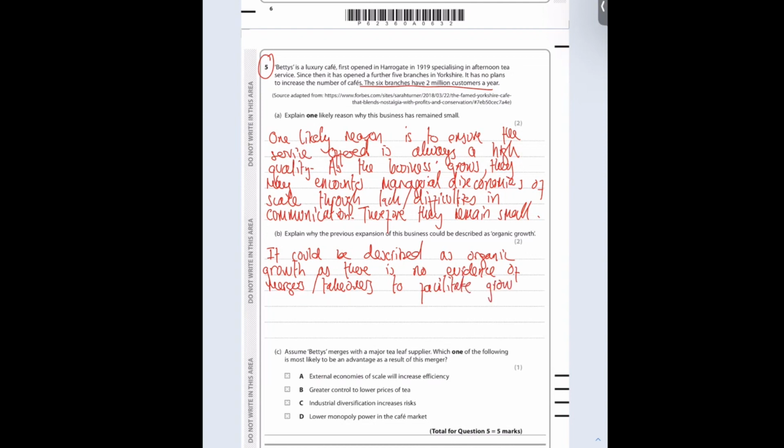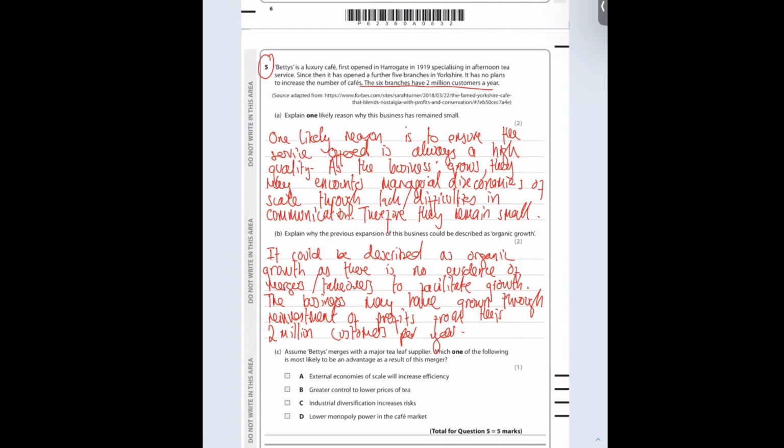And then we could say the business may have grown through reinvestment of profits from their 2 million customers per year. Happy days.